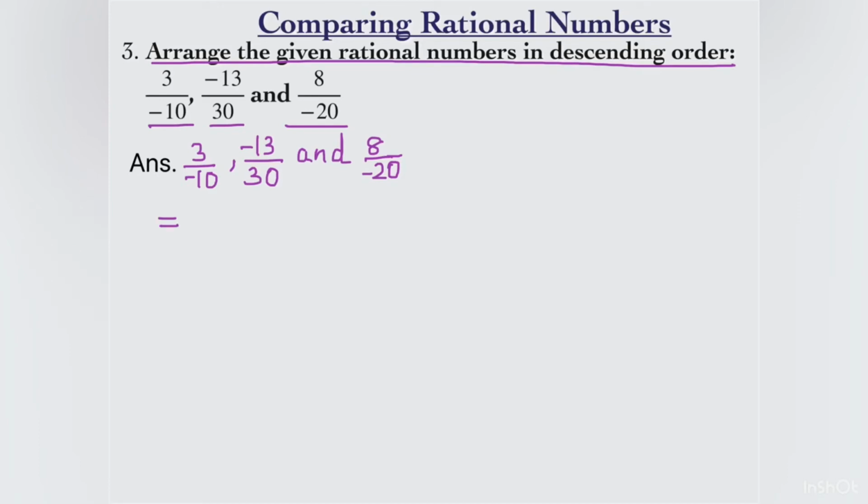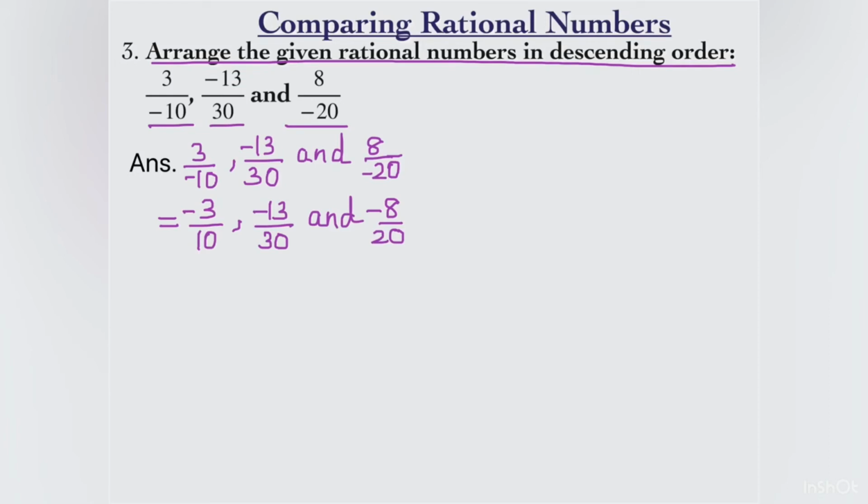So 3 by minus 10 can be written as minus 3 by 10 with positive denominator, minus 13 by 30, the denominator is already positive here, and 8 by minus 20 can be written as minus 8 by 20. In this, 20, which is the denominator, is positive.